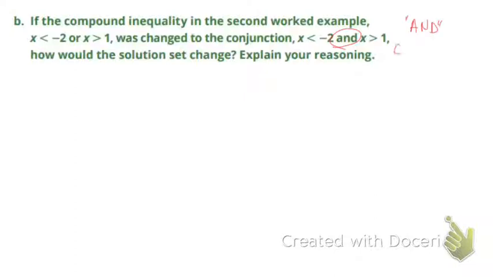This is a conjunction. So since this is a conjunction, we're going to find the overlapping section. So let's graph both of those inequalities separately and then find where they overlap.